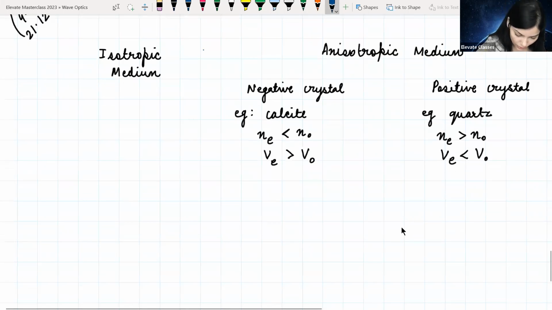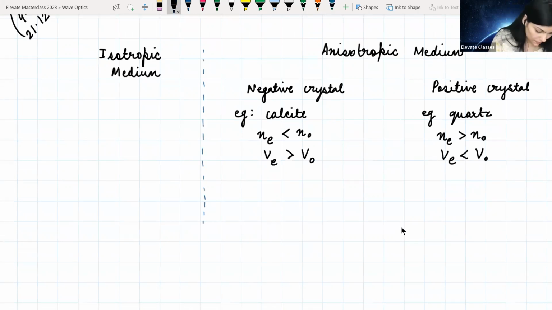So now if I want to compare them, so in an isotropic medium, if this is my source, okay, and the source is sort of emitting some light. So because it's an isotropic medium, refractive index is constant throughout. So जो भी ये light, जो भी मेरा ये point source है, इसने सारे directions में basically light emit किया, spherical wave sort of emit किया.